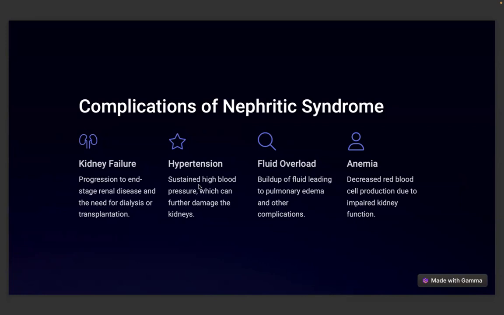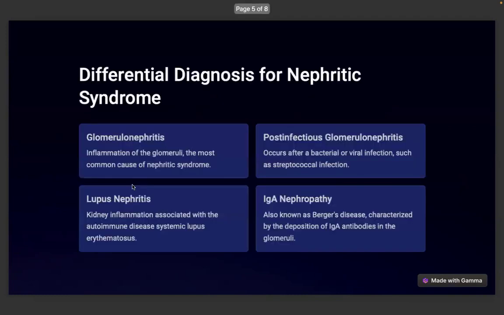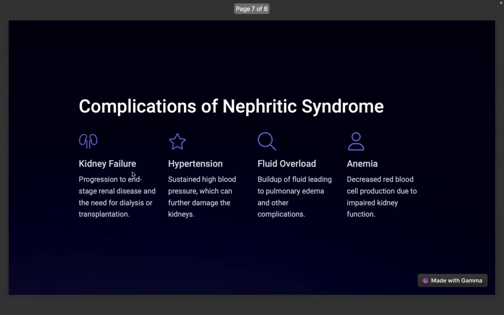Also, fluid overload because of sodium retention will lead to hypertension, and eventually this will lead to renal failure. And in this case, when the patient reaches this end stage, he literally needs dialysis or renal transplantation, okay?